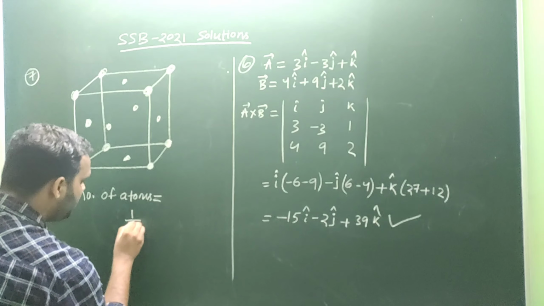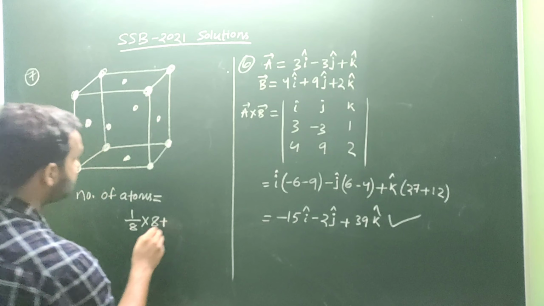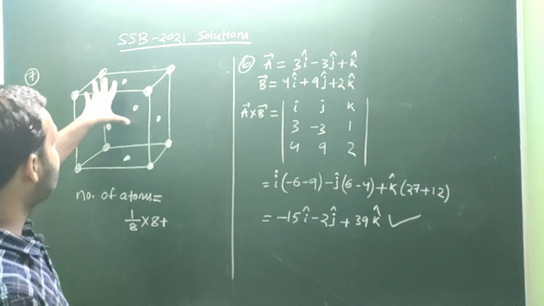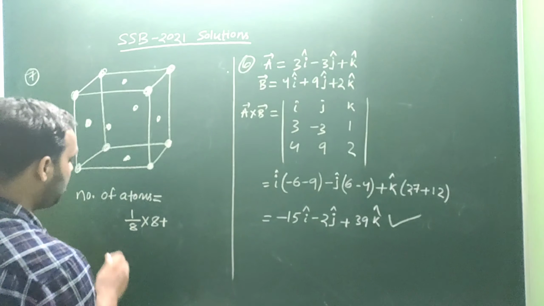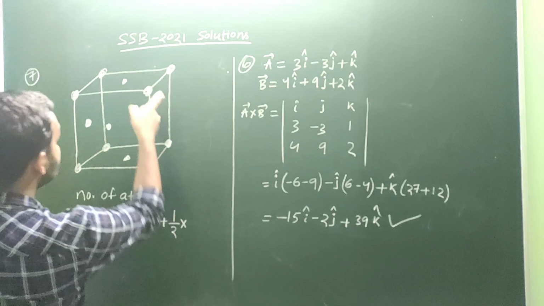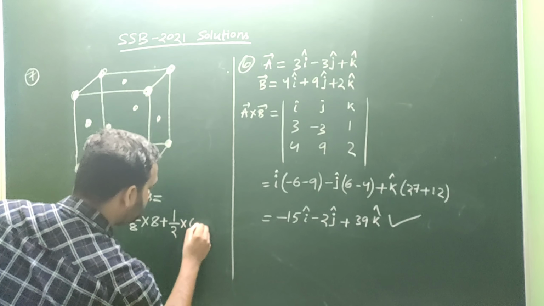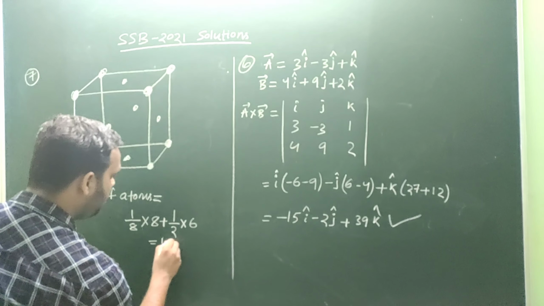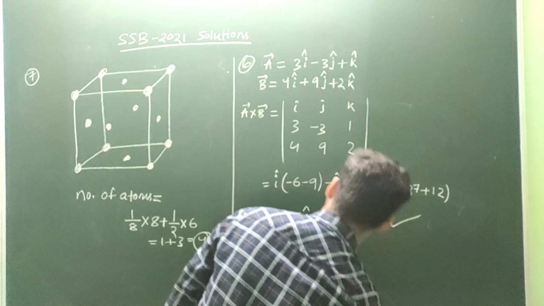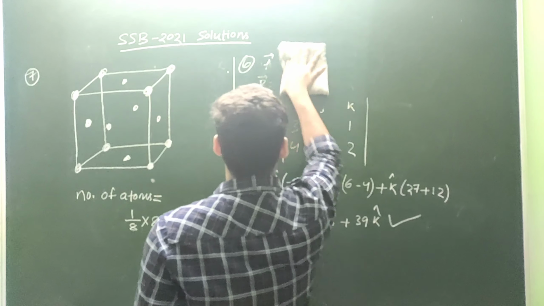So we can write down 1 by 8 into 8 atoms at the corner, plus each atom at the center of face will contribute 1 by 2 to one FCC atom. So we can write down 1 by 2 into 6. So you will get here 1 plus 3 is equal to 4. 4 is the answer.